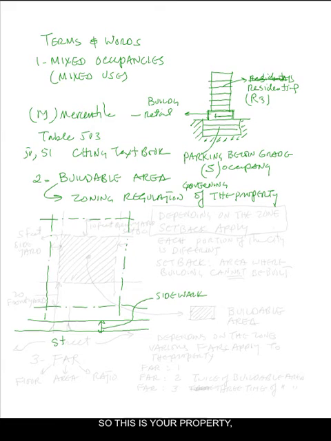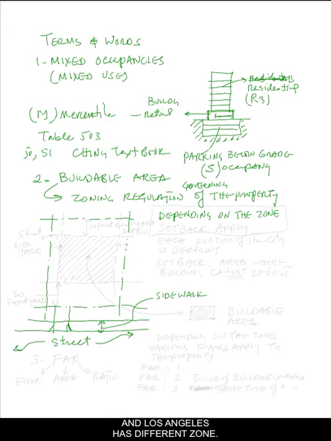So this is your property, and you have a driveway right to it from here. Depending on the zone the property is located. Now the zone in every city is different, and Los Angeles is different zone. New York has different zones, variety of them, for R, for M, for all sorts.